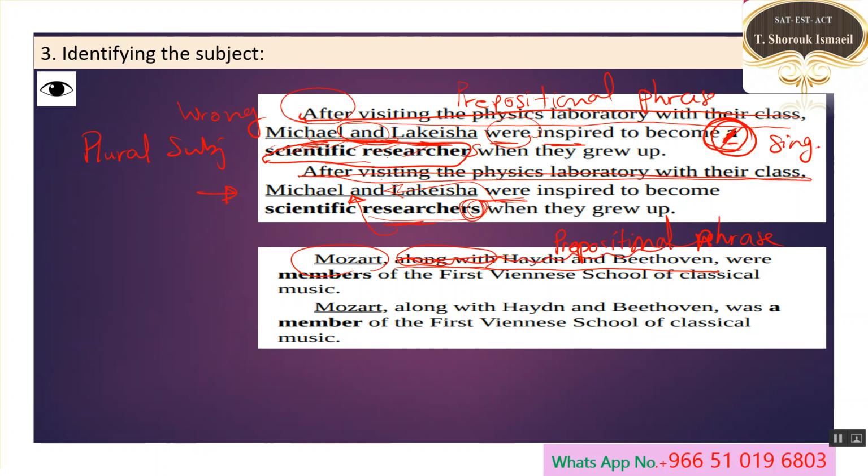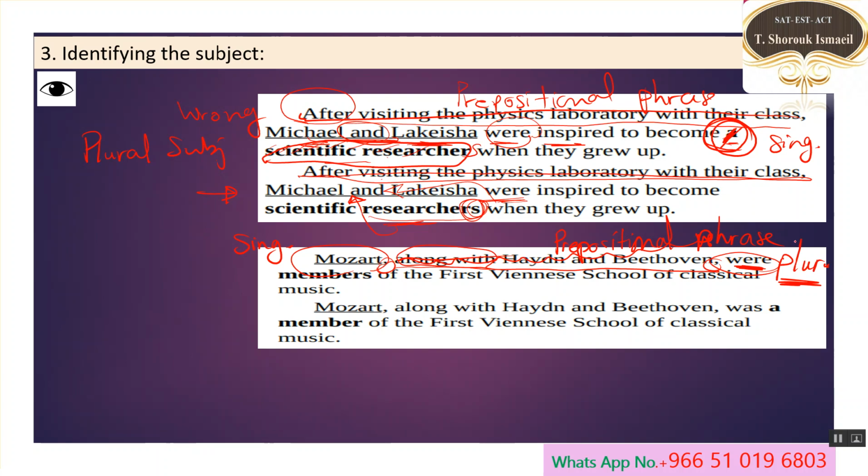Don't need it. Here, were. That's my verb. It came after the commas. Have a look at the agreement. Do they agree or disagree together? They actually disagree, because Mozart is a singular noun, and were is a plural verb, so they don't match each other.